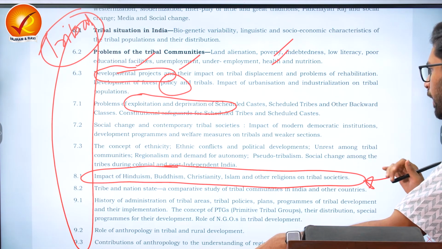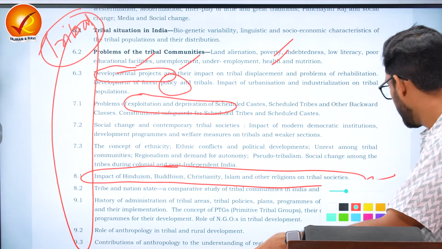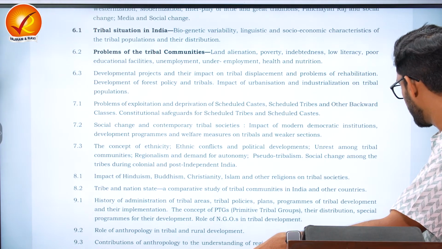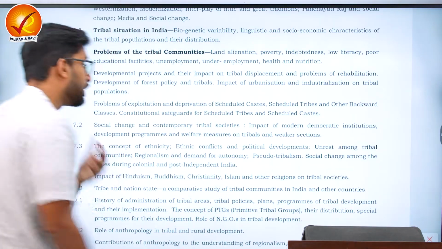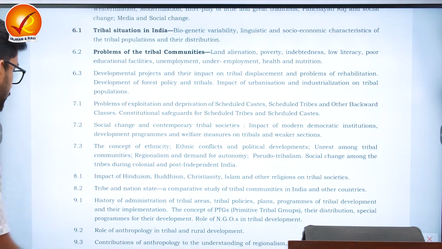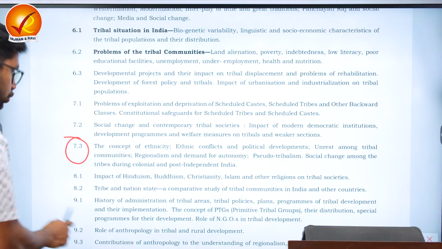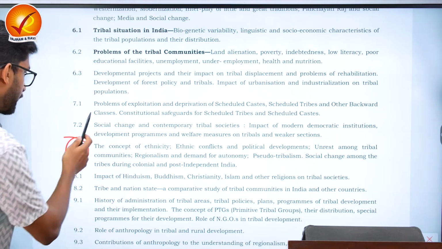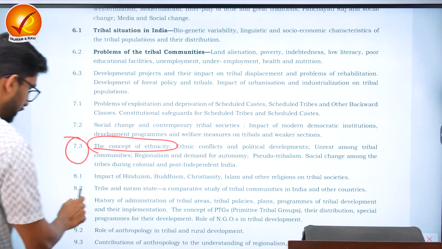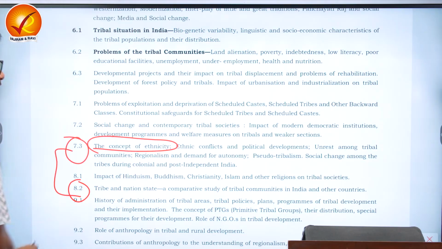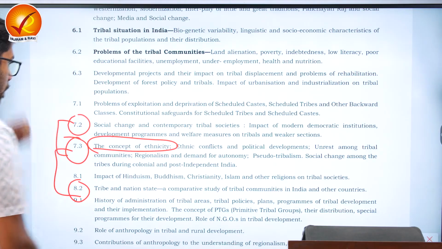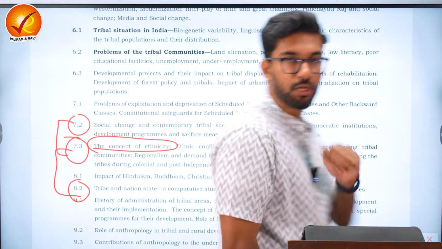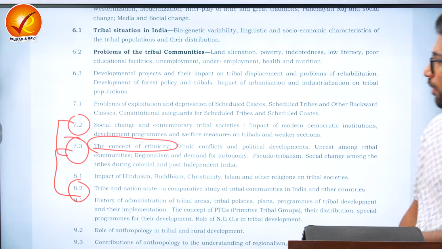Now, I'll tell you three different topics here which people usually do not prepare, but which are very important, in my opinion, to score marks: the concept of ethnicity, tribe and nation state, as well as 7.2, social change and contemporary tribal societies.